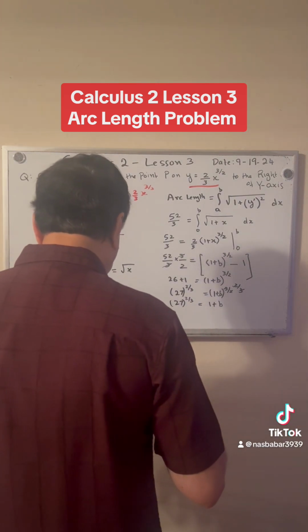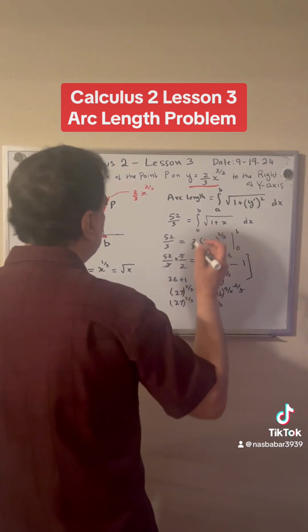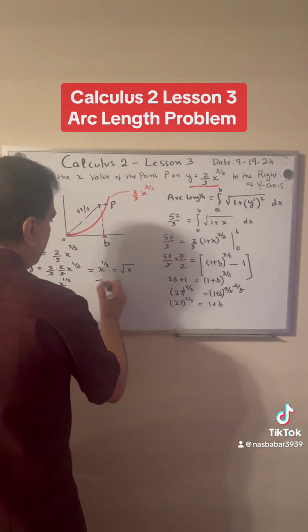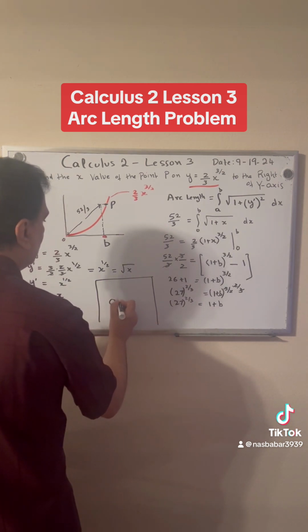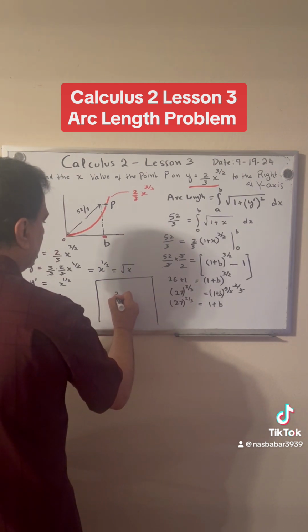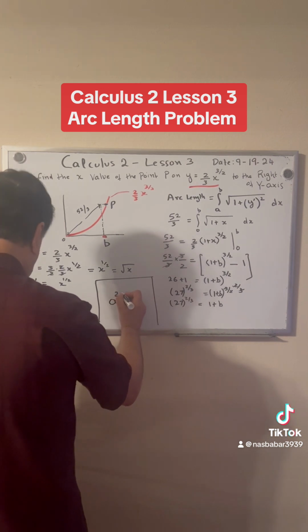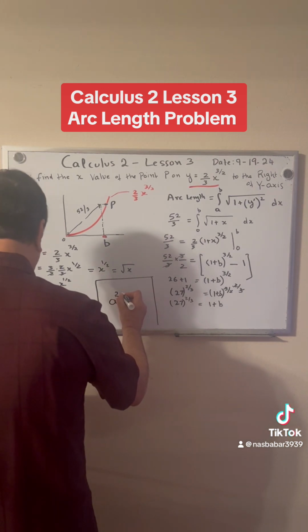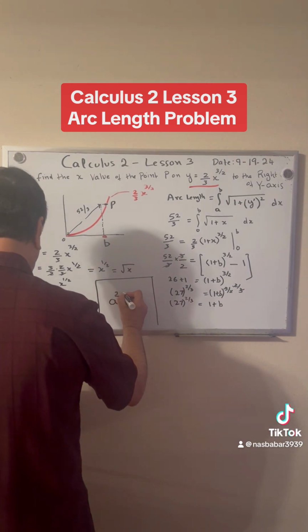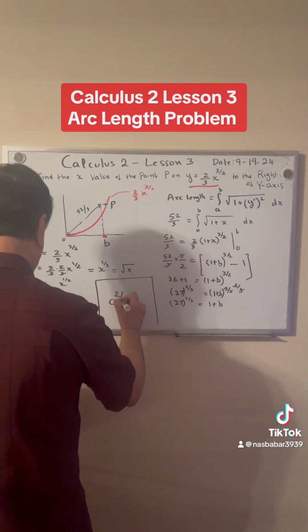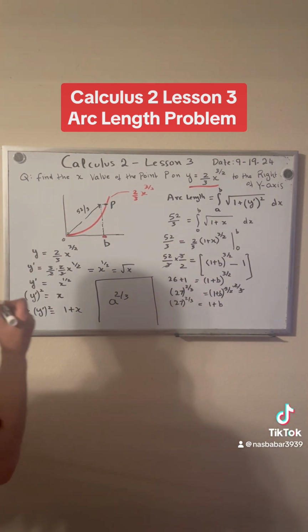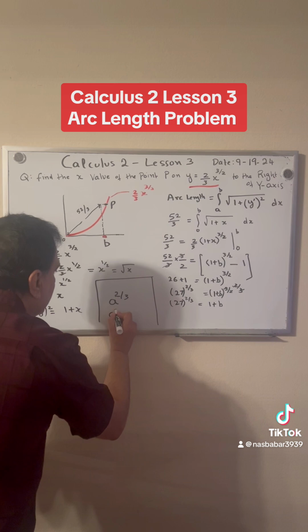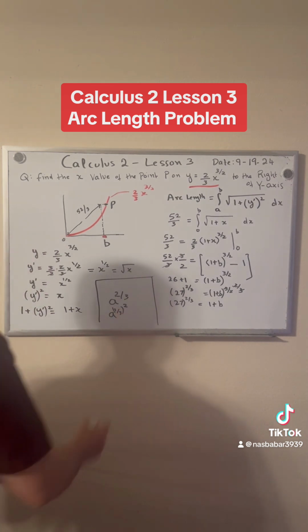And the way you can do it, let me just give you a refresher. If you have a raised to the power 2 over 3, I can write this as a raised to the power 1 over 3, all raised to the power 2. It's the same thing.